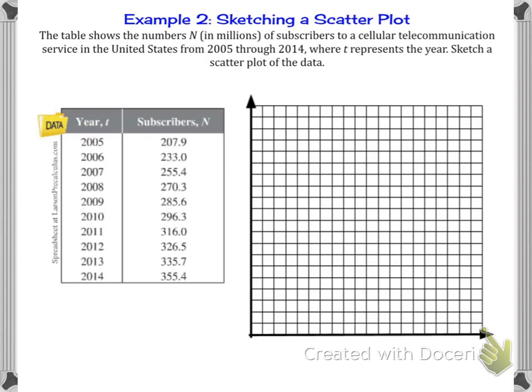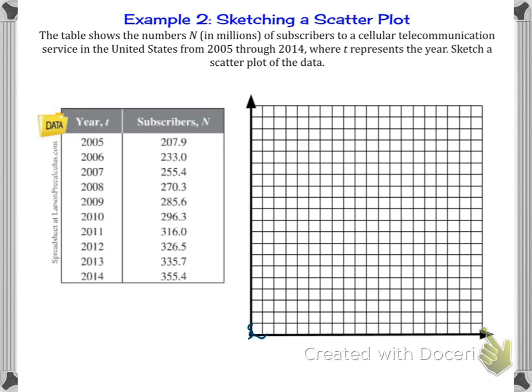The other thing you should be able to do on your own as well is sketching a scatter plot. So it gives you this information, the years, the number of subscribers, and so you make a scatter plot. The hardest part I think is just to be able to label the graph, or scale it really.